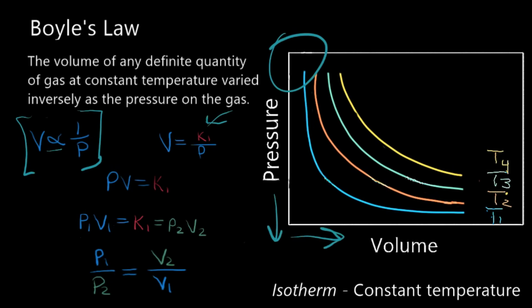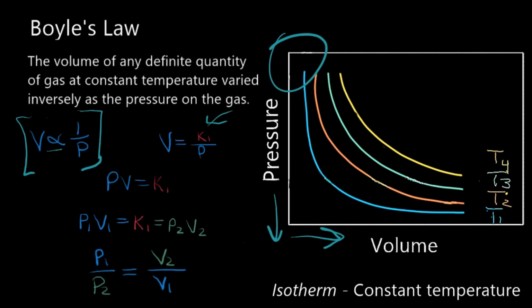You can see we have 4 different lines here. Each of these lines represents a different temperature. So the gradient at which pressure and volume vary is based upon the temperatures shown here, and each of these lines will give us a different K value.